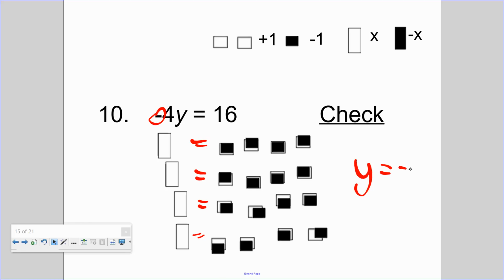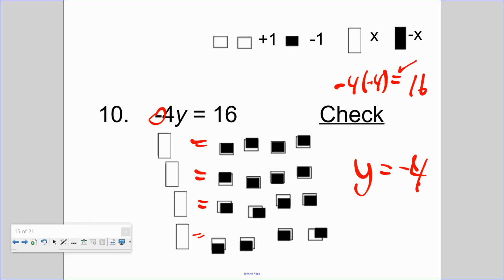So y equals -4. Let's check our work. I substitute a y with -4. Let's see, 4 times 4 is 16. Opposite of a negative is positive. Check mark. And so what we just did is we modeled.